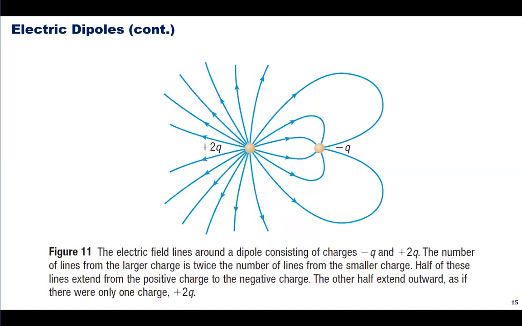Okay, finally, let's consider a dipole-like arrangement of two charges that have different magnitudes and signs, which is shown here in figure 11. If the positive charge, positive Q, is replaced with a charge positive 2Q, the symmetry of the dipole fields is altered.